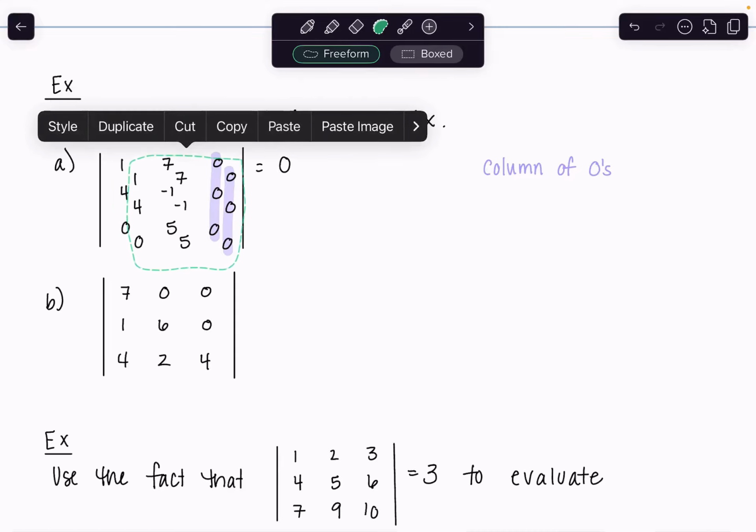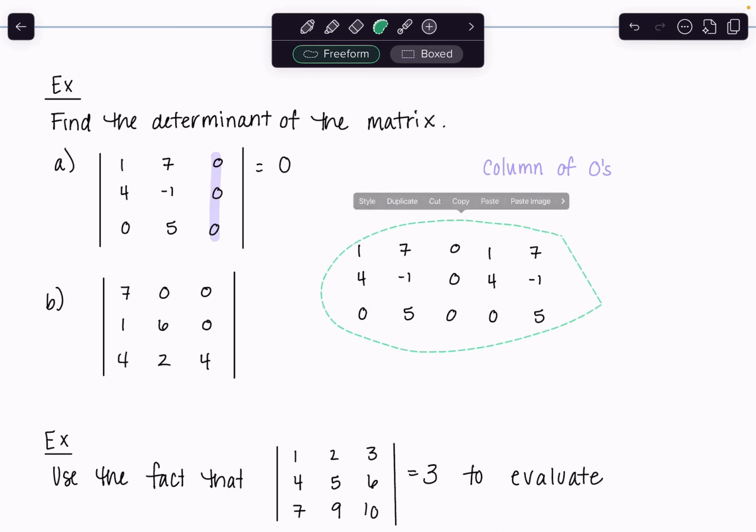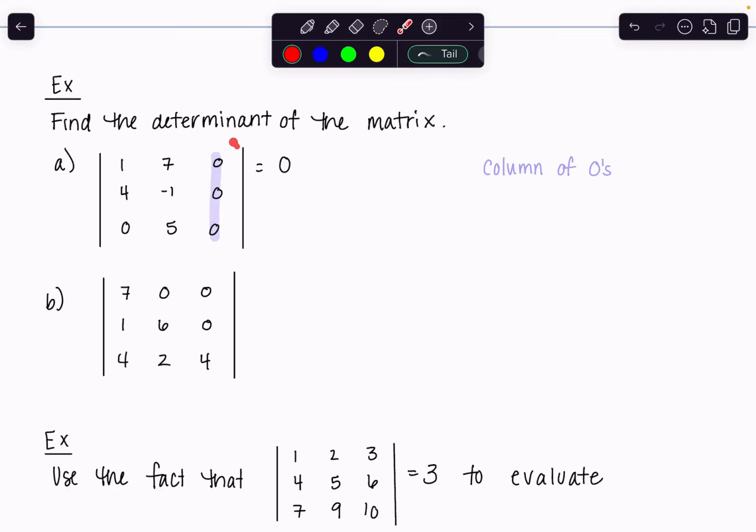Just to show you, if I were to calculate this determinant, I copy the first and second columns again. Looking at the forward diagonals, I have a 0, a 0, a 0, and all of those multiplied will be 0. And going the backwards, every single one of these also has a 0, so their product will be 0. So without doing any work, when I've got a row or column of zeros, the determinant is 0.